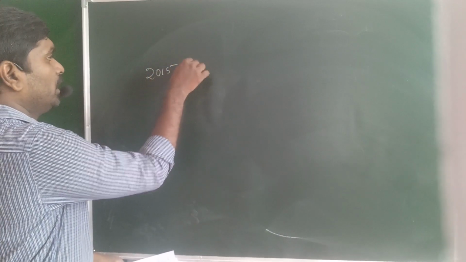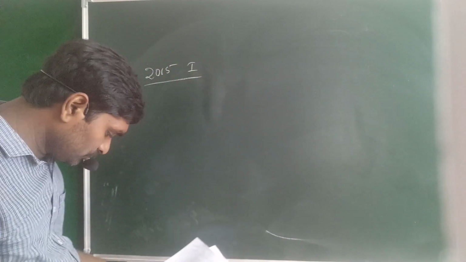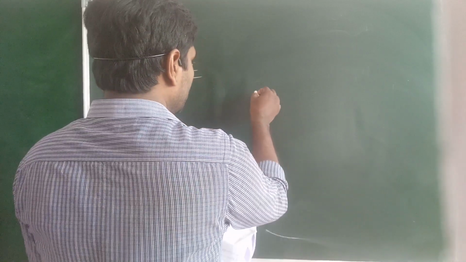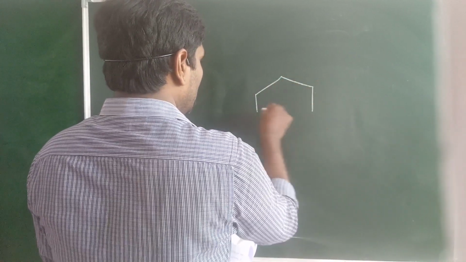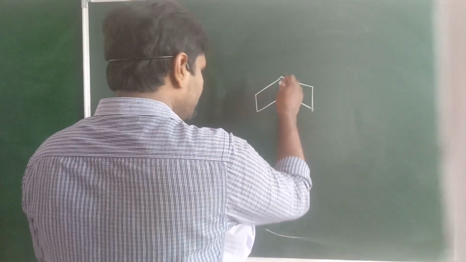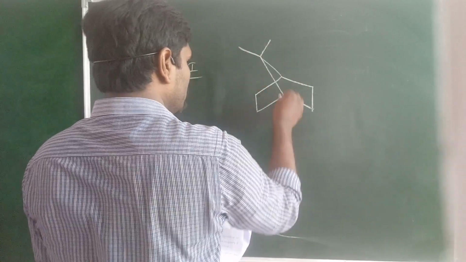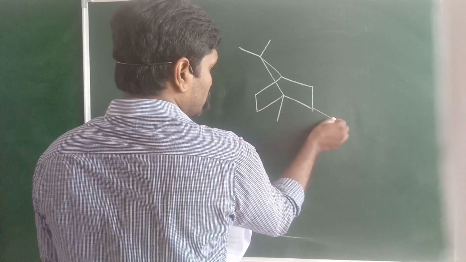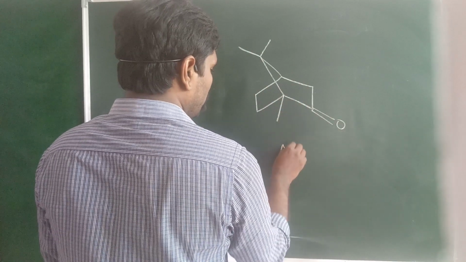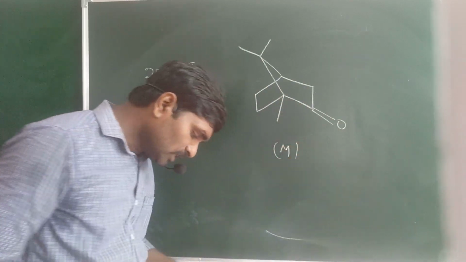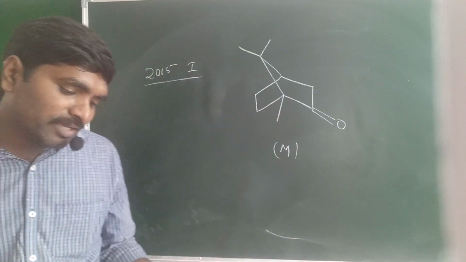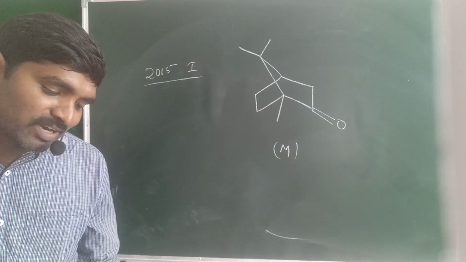So this is a 2015 JEE Advanced integer question. He may have given the structure like this, which is nothing but M. The total number of stereoisomers that can exist for M is?